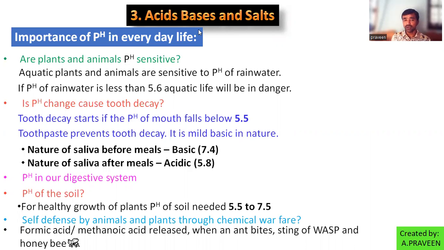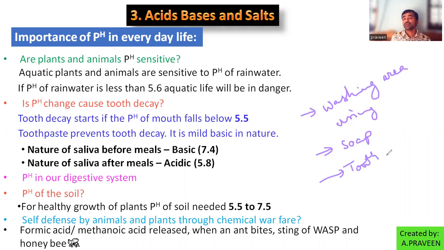When an ant bites or a wasp or honeybee stings, what to do? In this case, you need to use an opposite nature substance. Just wash and clean that area using an antacid. That means soap, detergent soap, toothpaste, or limestone, right?